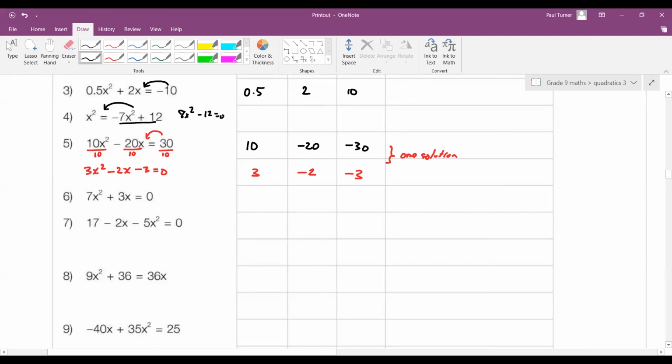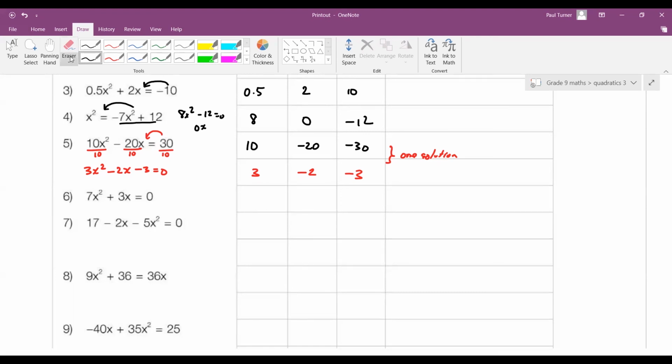So in this case, A is 8, but notice there's no B term. There's no x term here at all. So that means that must be 0. So I could have written the 0x in here, can't I? Because 0x is 0. So in this case, B would be 0 and C was minus 12, like that.